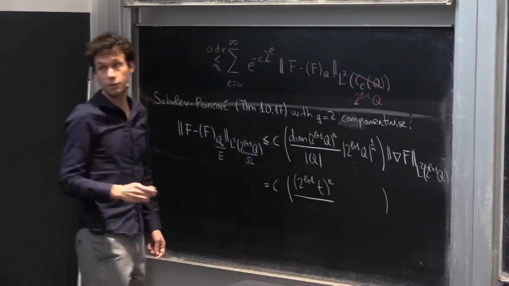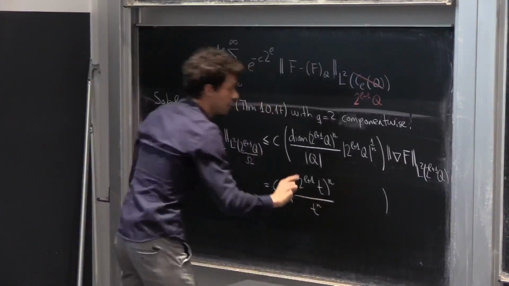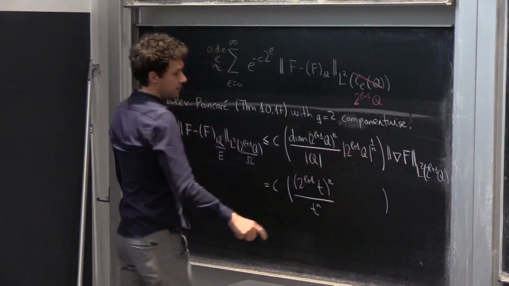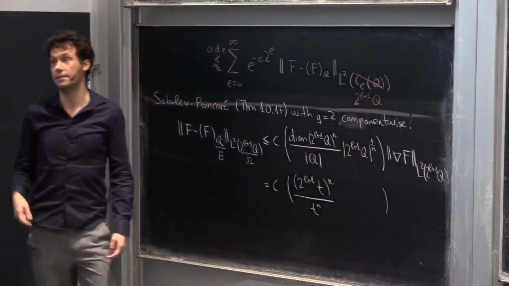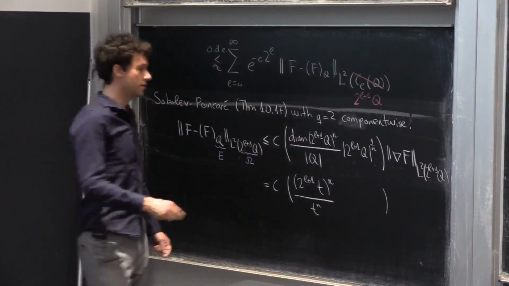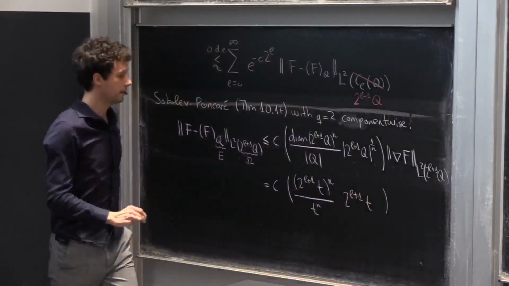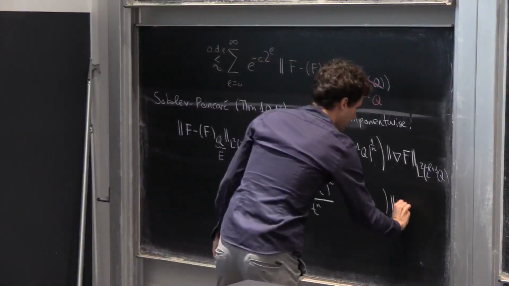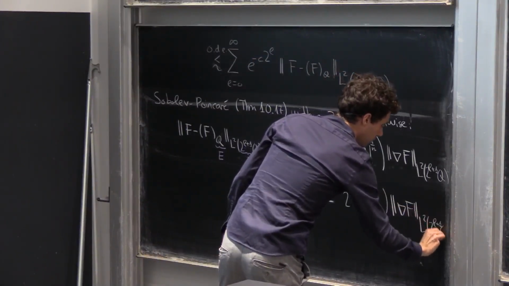The measure of the cube is side length to the n, so this is t to the n. The measure of a cube to the power 1 over n is just the side length, so this is 2 to the L plus 1 t. And the gradient stays where it is.